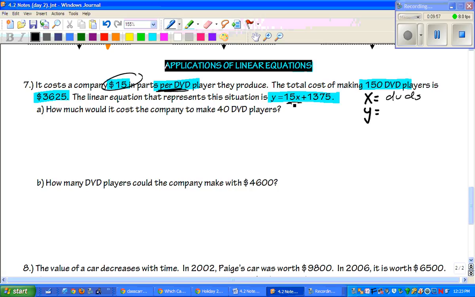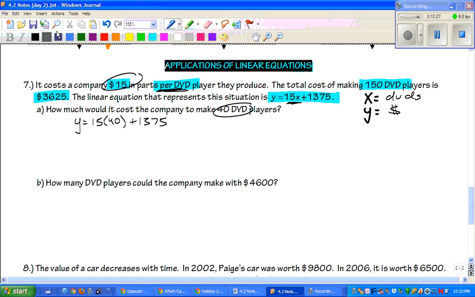Since those go together, we know that that's what they are. And y is talking about the money, the total cost, okay? So for part A, it says how much would it cost the company to make 40 DVDs? So we know that the DVDs is the x, so that's what we're going to plug in.